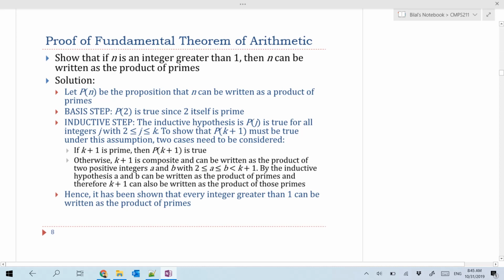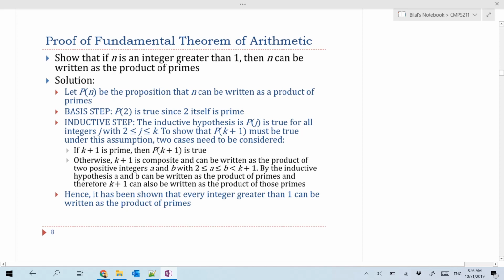So we want to prove the property for k plus 1. We have two different possibilities, two different cases. Either k plus 1 is prime, and then the property is already true because a prime number can only be written as itself multiplied by nothing else.